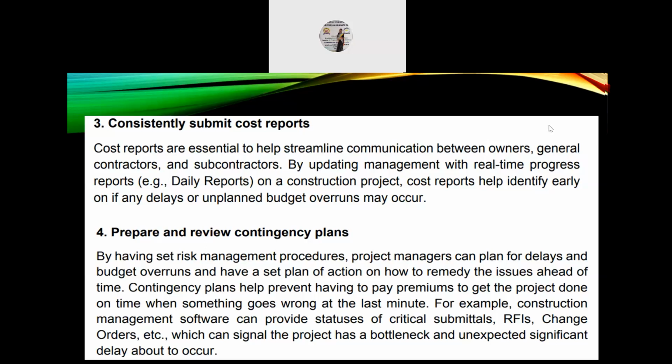Contingency plans help prevent having to pay premiums to get the project done on time when something goes wrong at the last minute. For example, construction management software can provide statuses of critical submittals, RFIs, change orders, etc. This can signal the project has a bottleneck and an unexpected significant delay is about to occur.